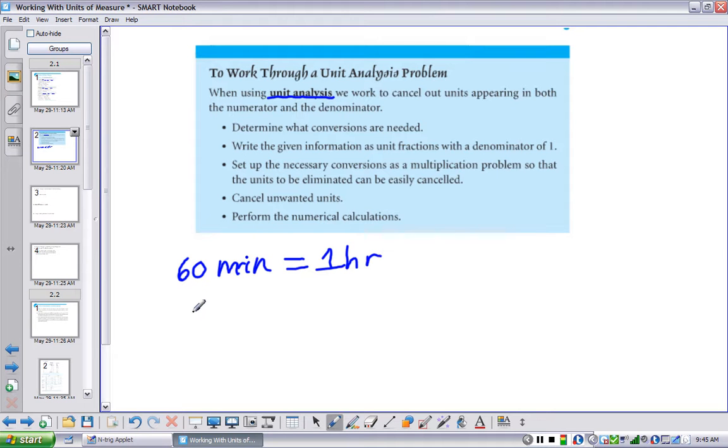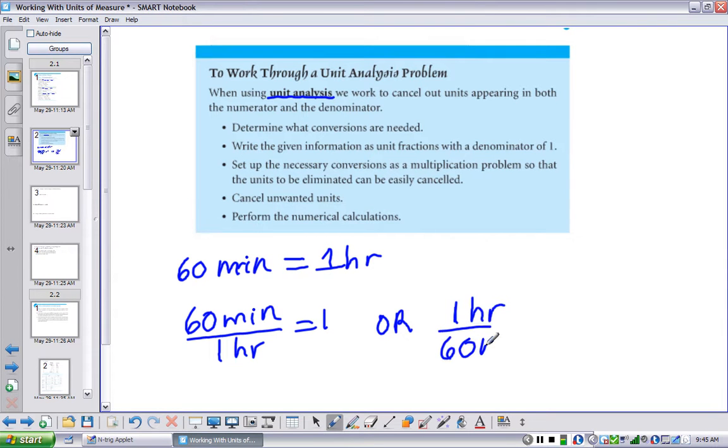So if we divide both sides by 1 hour, 60 minutes over 1 hour equals 1. Or we can go the other way: 1 hour over 60 minutes equals 1. These are called unit conversions because they equal 1. And we can put this into any quantity because we know 1 times anything is that anything. Okay? So to go from one unit to the other, we can use unit conversions in this manner.